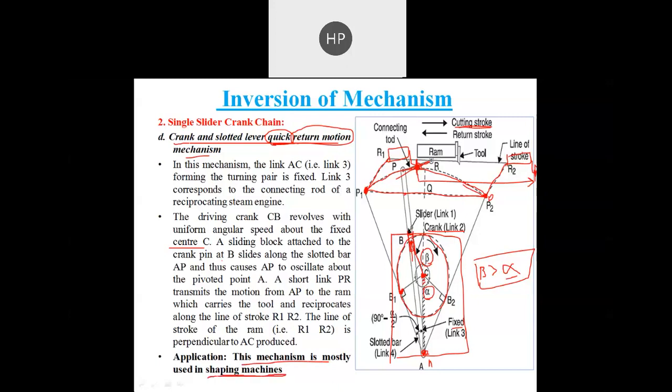As I told earlier, in a shaper machine the cutting process is performed only in a forward stroke, and during the return stroke there is no cutting motion, and that's why this mechanism is used in a shaper machine.